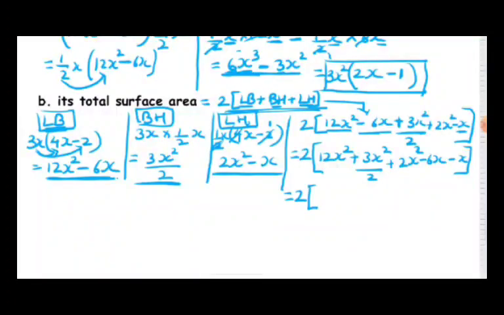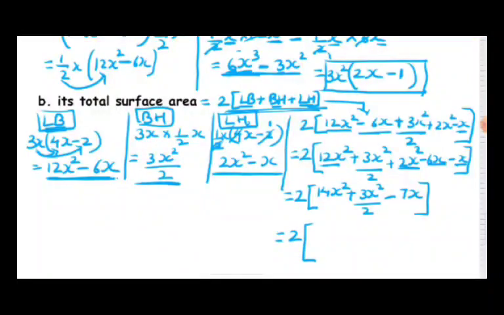12x plus 2x makes it 14x square plus 3x square plus 2 minus 6x and minus x is minus 7x. Yes, children, whenever there are two negatives, you add and let the minus sign remain. Now, let's remove the LCM.